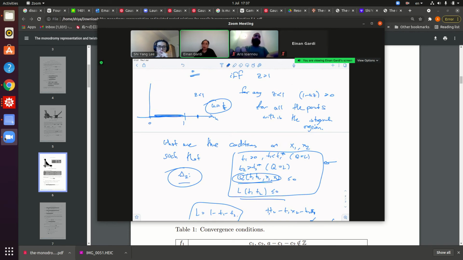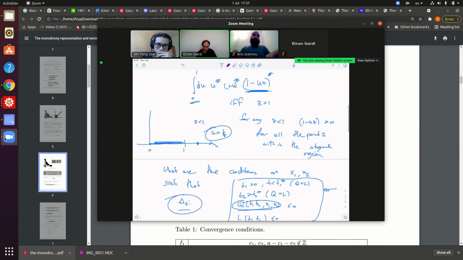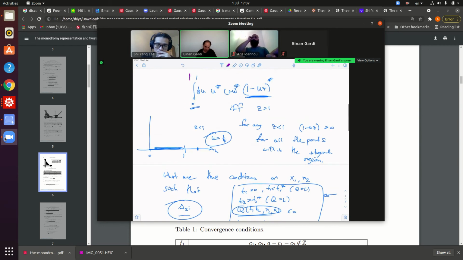I don't know whether you can see my iPad still. Yes, you see. So look. Let me tell you a little bit about these bounded regions so that you'll see what I'm talking about. Let's use this 2F1 as a definition, as an example. You see that there are 3 branch points here.